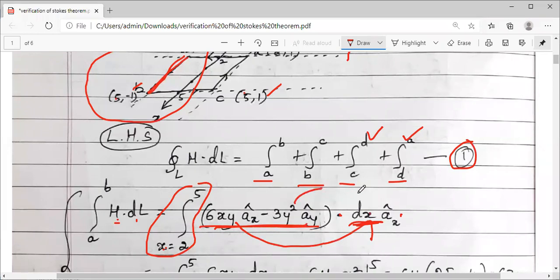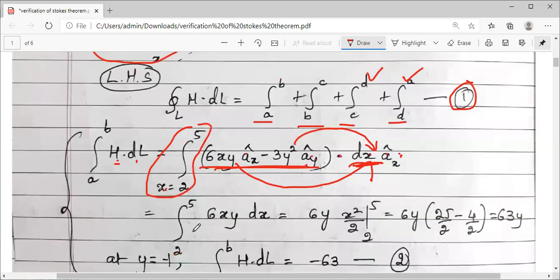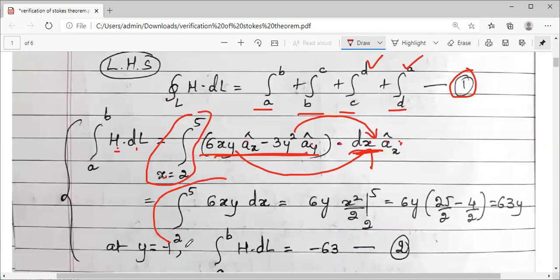But when I take the second term, 3y² a_y dot a_x becomes 0, because the angle between a_y and a_x is 90 degrees, cos 90 is 0. So only the first term remains. So the integration is from 2 to 5 of 6xy dx.